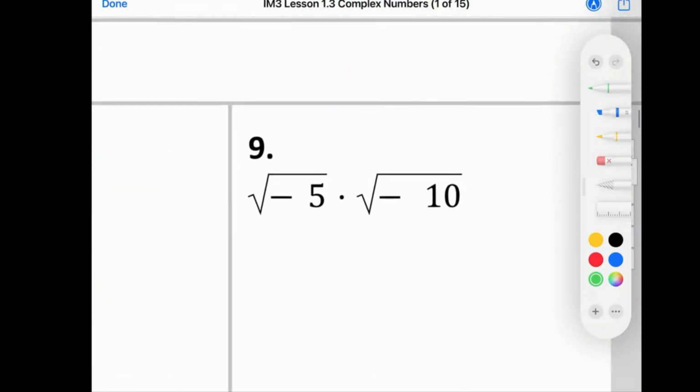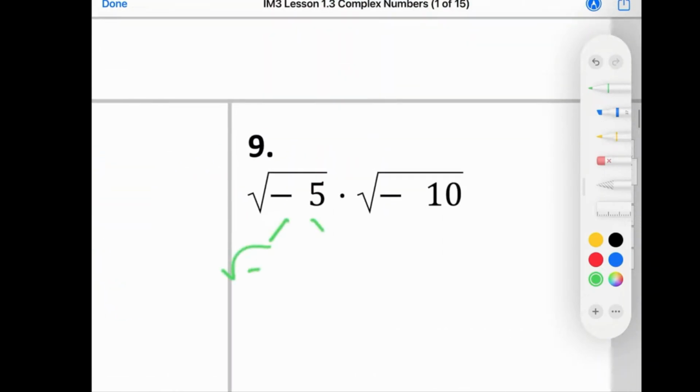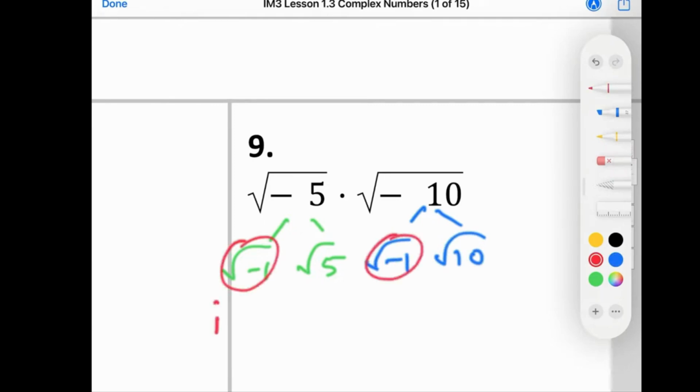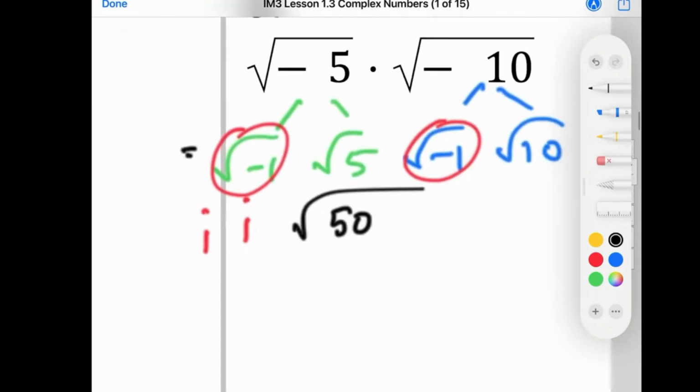And our last one. Negative 1 times radical 5. This one is negative 1 times 10. So this will become i, and square root of 50.